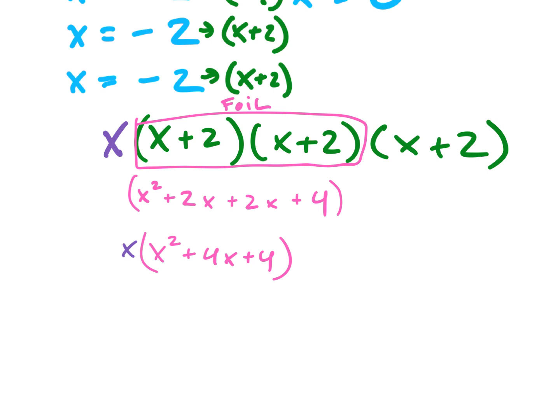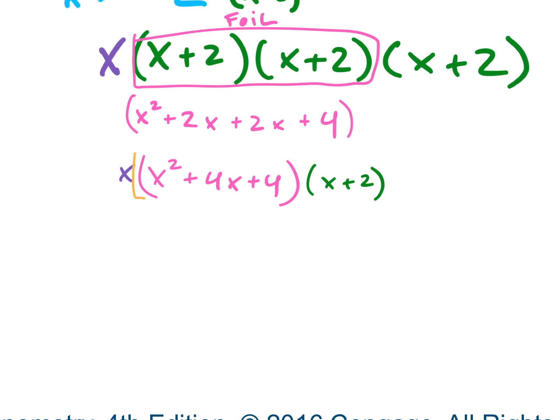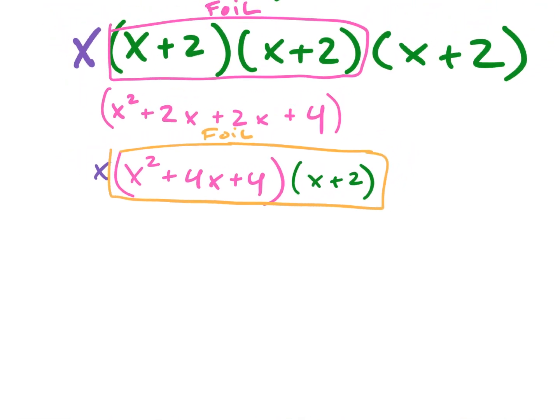Still have an x out front and an x plus 2. What would we do next? FOIL it again. So now I'm going to take the second x plus 2 and FOIL these together. It's a little bit more than just FOILing. We just have to make sure everything in our first set gets multiplied to everything in the second.